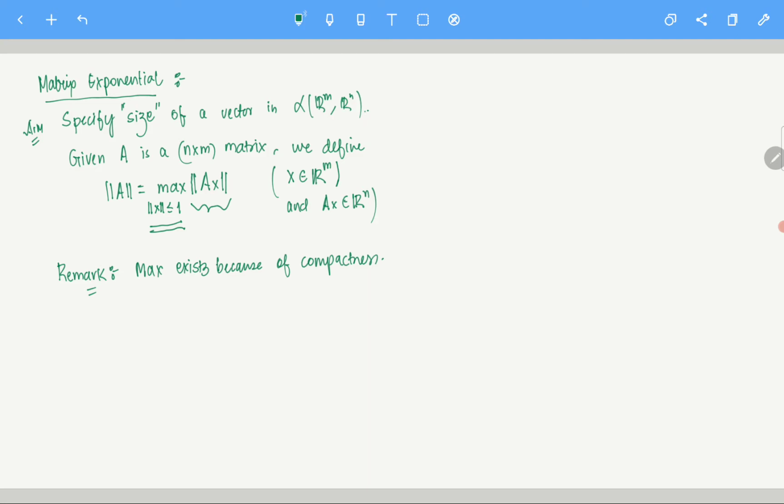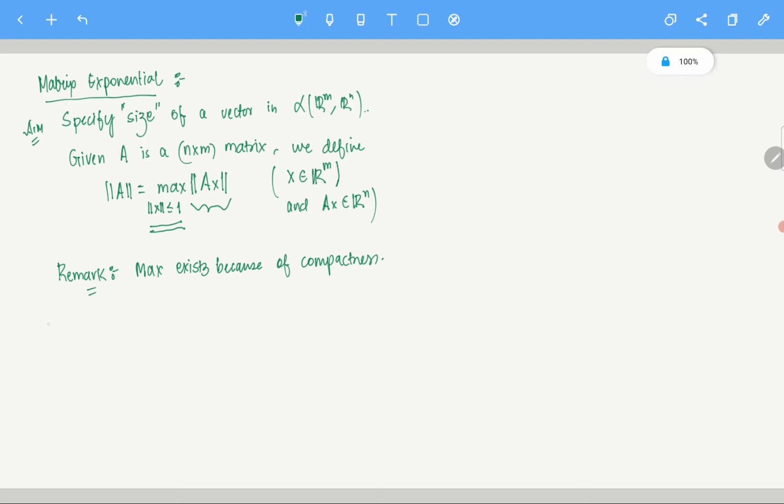You can easily prove that the function x going to norm x is a continuous function, and you are taking the maximum over the unit disk, norm x less than or equal to 1. So the maximum exists, okay, and I am just assuming that maximum is our norm of A, okay.